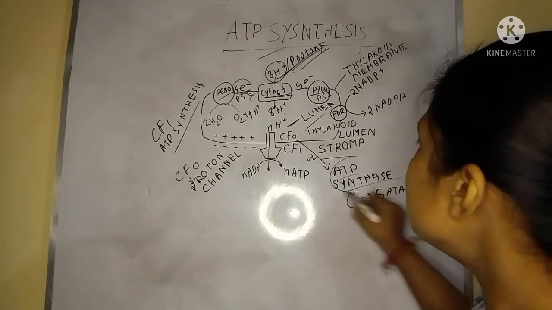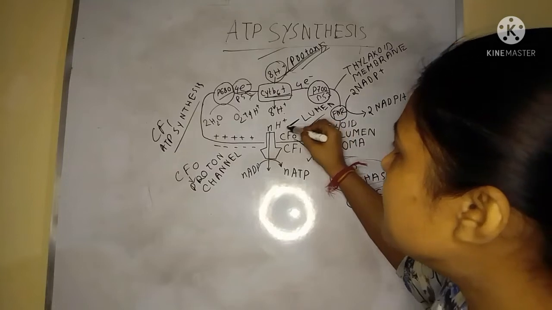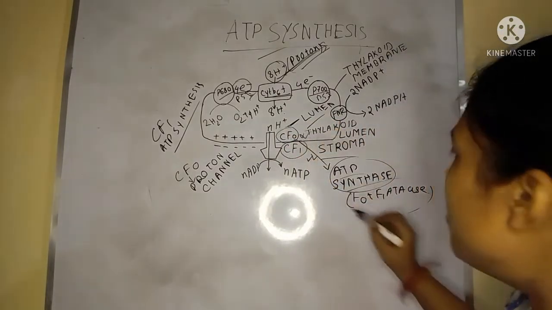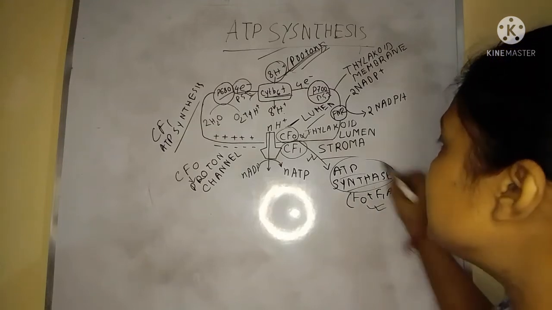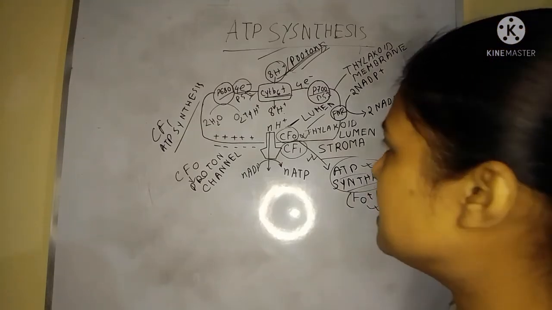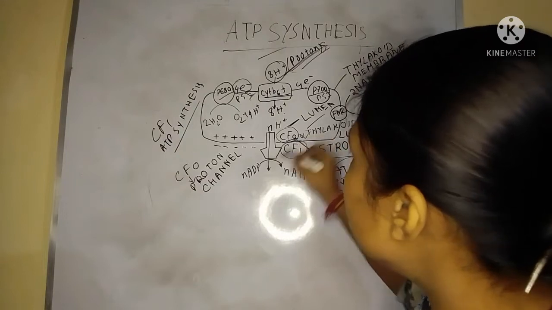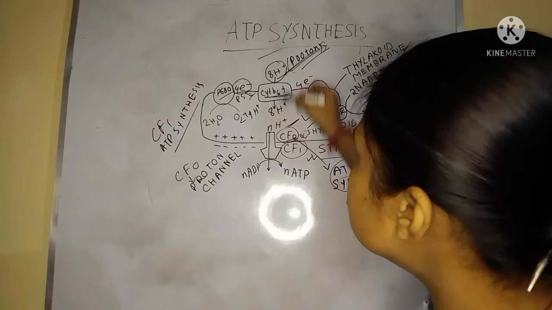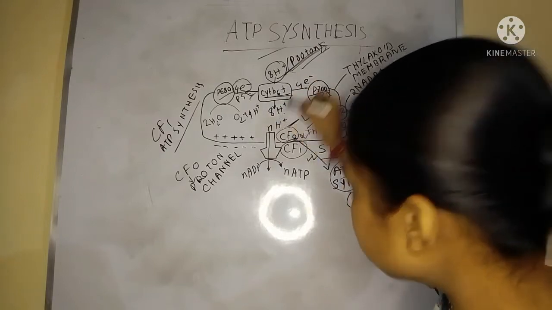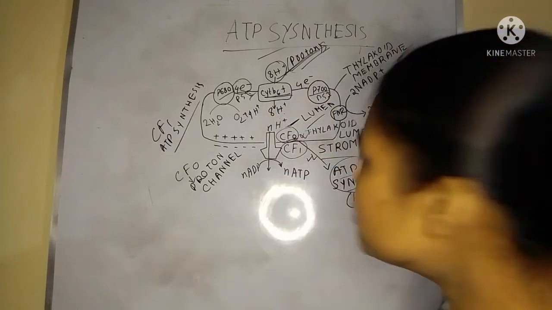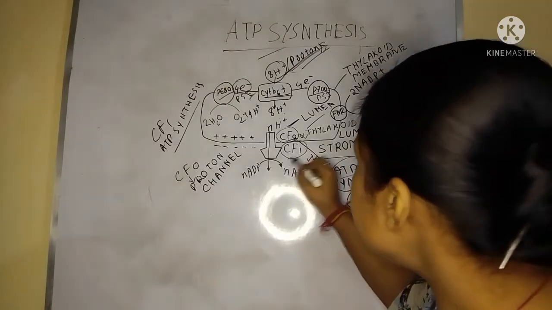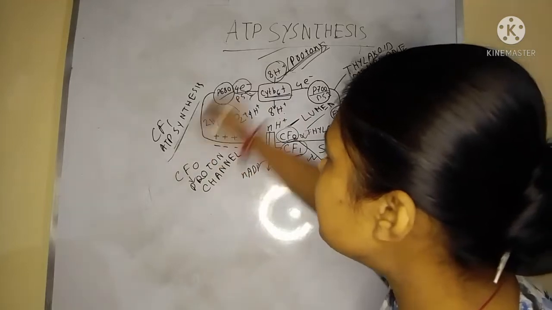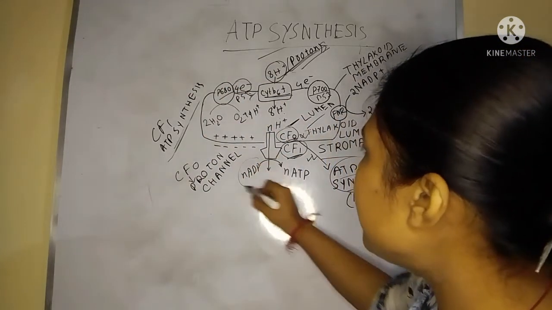ATP synthase has CF0 and CF1 parts. CF0 forms the proton channel through which the protons in the lumen are transferred to the stroma, and CF1 helps in the synthesis of ATP from ADP.